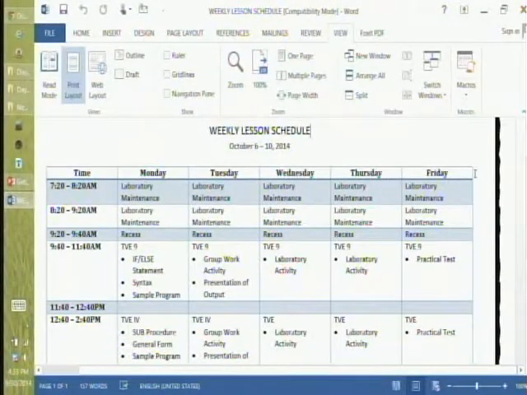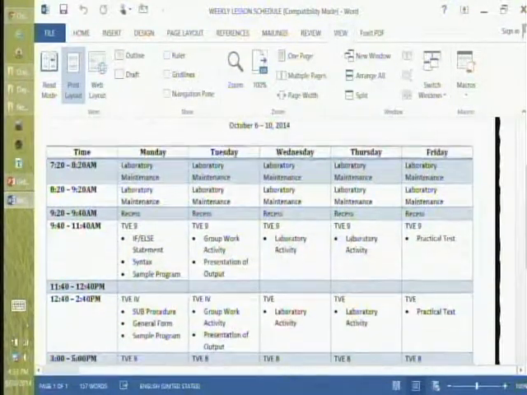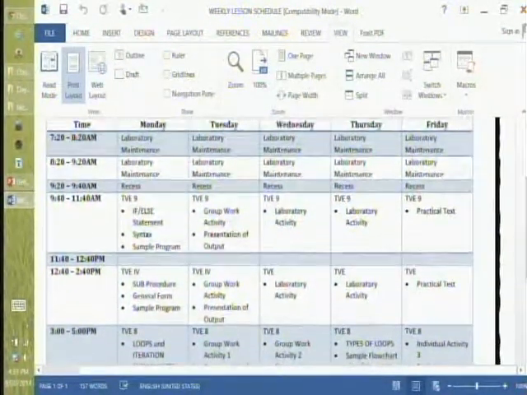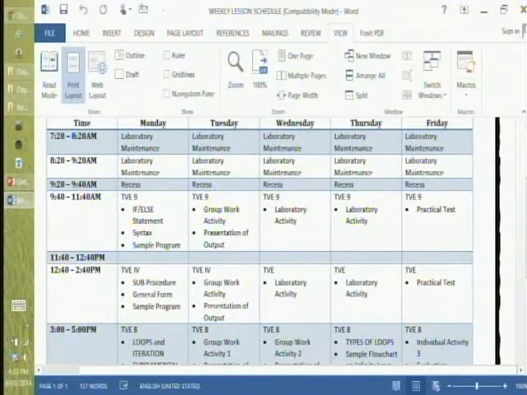Okay. What new technology skills did you learn? Okay, I put the borderline or page border. I put the page border. What was one problem that you had, and how did you solve it?